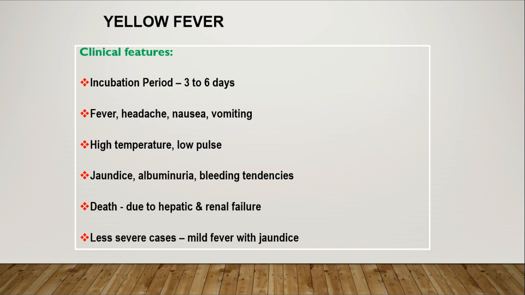Talking about the clinical manifestation, it usually starts with mild symptoms like fever, chills, headache, dizziness, myalgia and backache, followed by nausea and vomiting. The person will also experience high temperature and low pulse rate. There will be jaundice, albuminuria and bleeding tendencies, and death will occur due to hepatic or renal failure.